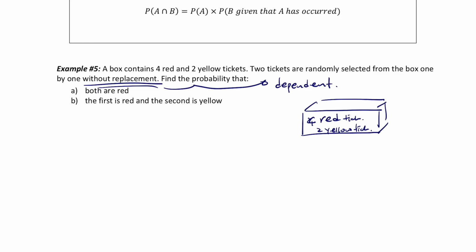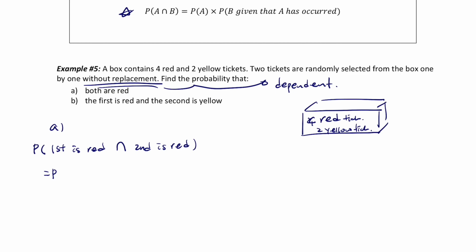Okay, so question A, we need to find the case where both are red. So we need to find the probability that the first is red intersecting the second is also red. Okay, using the formula, we're going to write out the formula first.